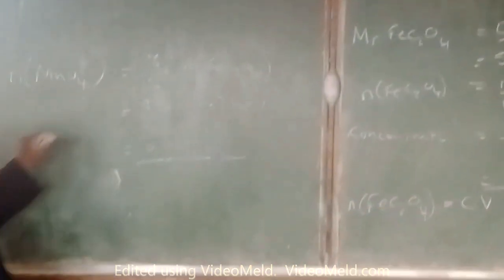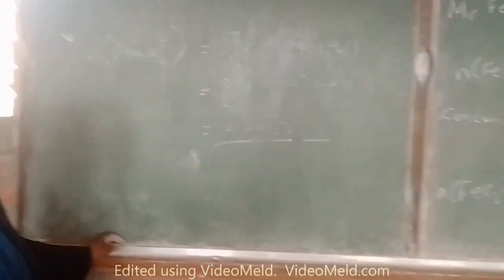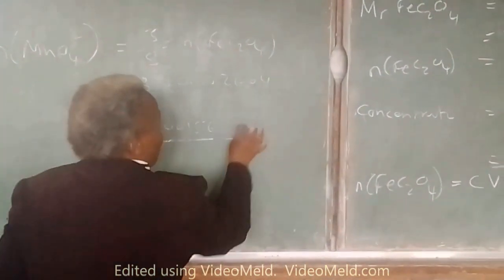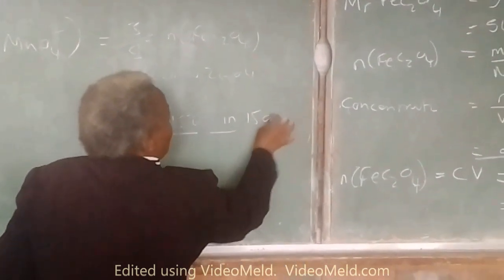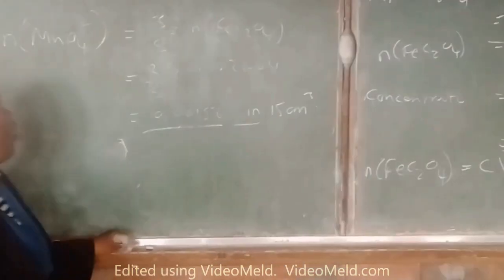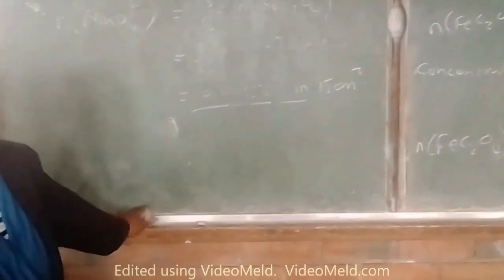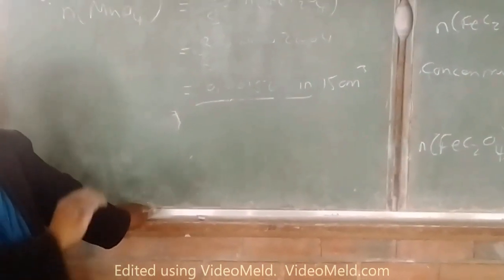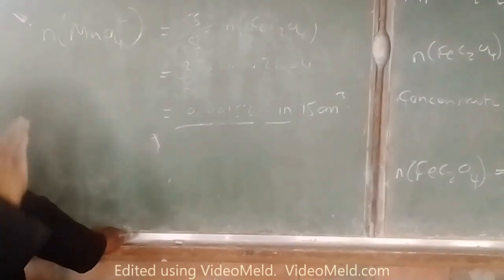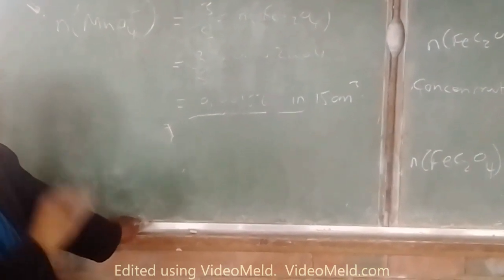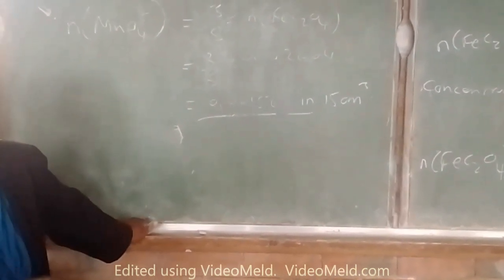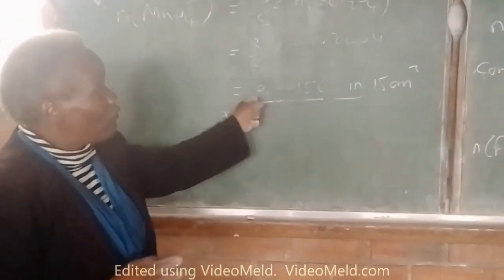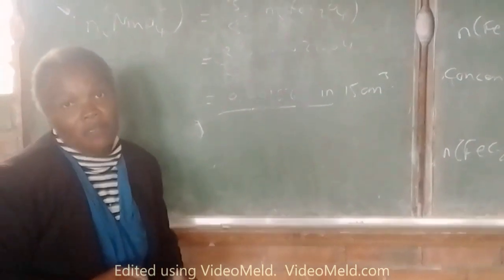Let's remain with our level of significance. Please note, this number of moles is present in 15 cubic centimeters of the permanganate which was used, because the question clearly stated that 25 cubic centimeters of the iron 2 ethane dioate required 15 cubic centimeters of the permanganate for complete reaction.